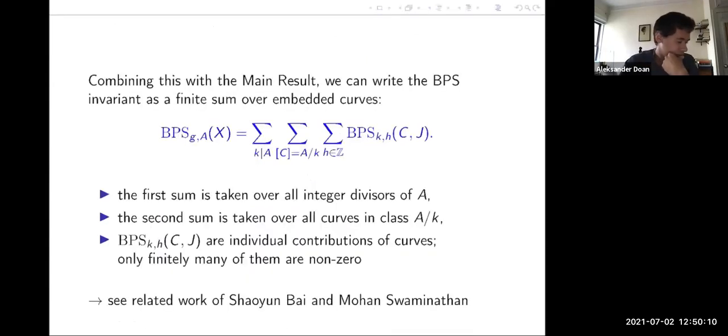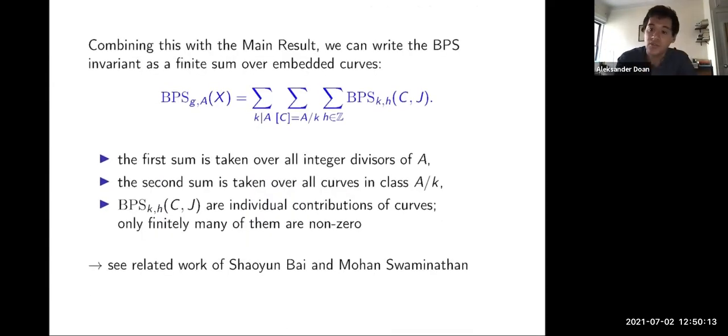So what I want to mention is that I stated this main result, that for a generic J, there are finitely many embedded curves in every homology class. And again, I'm talking about index 0 curves. You can combine this main result with our work with Ionel to show a little bit more, to show that these BPS invariants have the following structure. It's a big sum. You take a homology class and you look at all integers k which divide this class. That's the first sum.